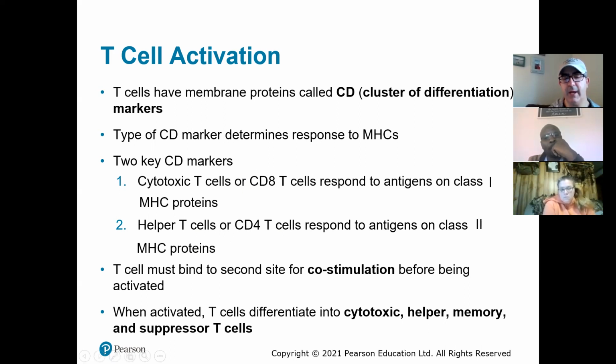Once these T cells are activated, they differentiate, right? They clone themselves. So you get a bunch of cytotoxic T cells, a bunch of helper T cells, a bunch of memory T cells that'll stick around for years, and suppressor T cells, which will suppress the immune system from acting further.